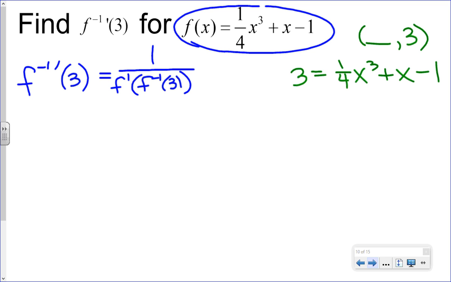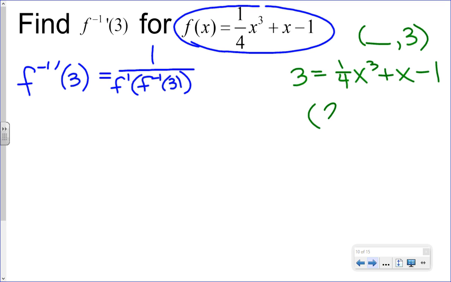X cubed plus x is not really going to be fun for us to solve. So let's just think about some numbers. What number could we plug in for x? 2. Not 1, right? We don't want 1/4 plus 1 minus 1. But if we plugged in 2, we would have 8 times 1/4, plus 2 minus 1. That would give us 3.